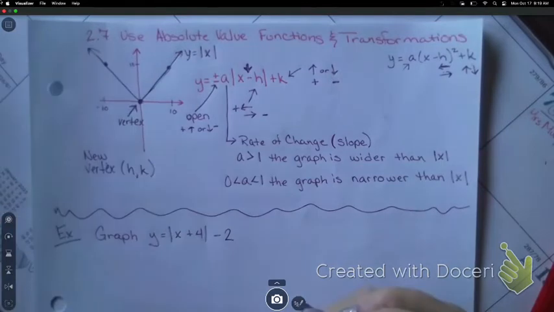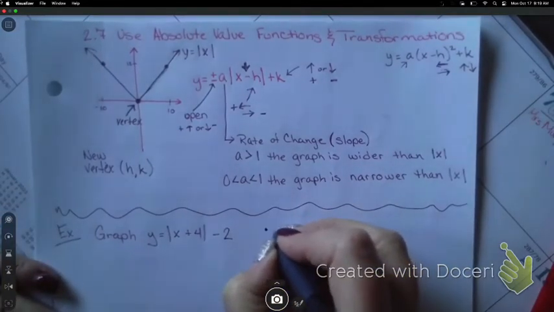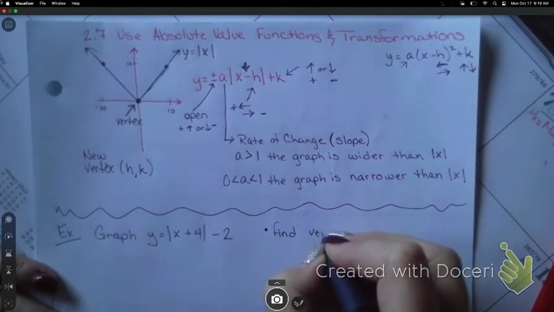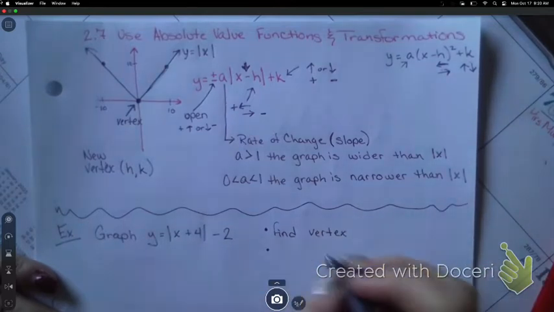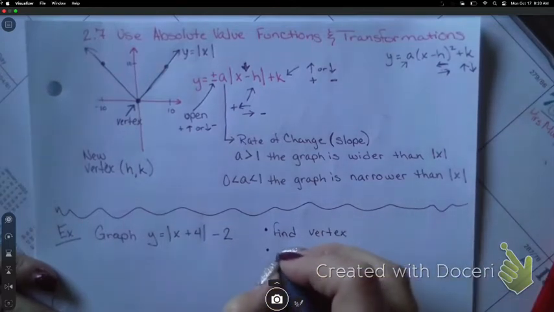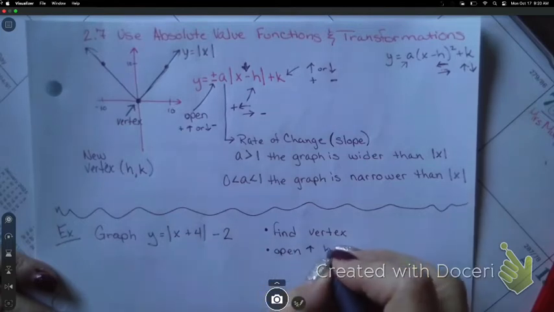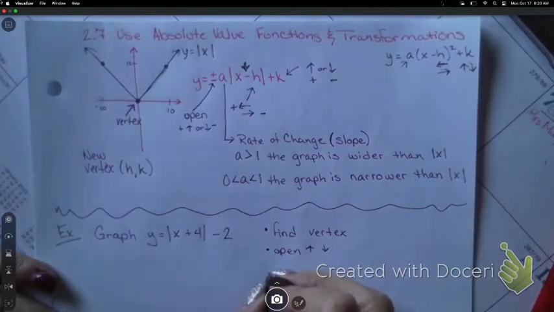So when it says graph, you need to find the vertex, determine whether it opens up or down, and find the rate of change.